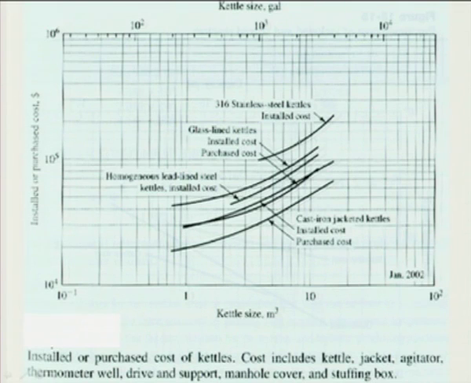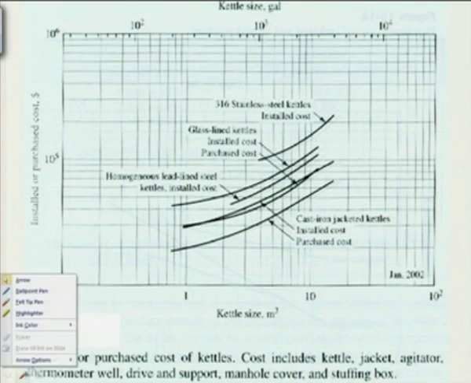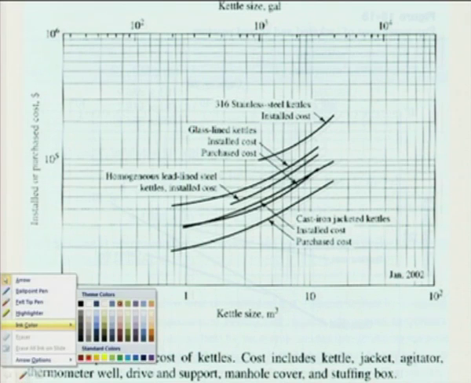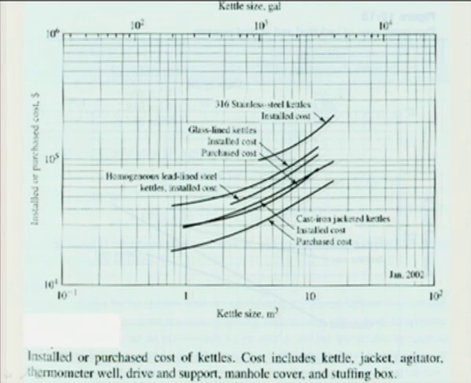And you can see that the cost varies with respect to the material of construction. You can have 316 stainless steel kettles in case the corrosion is high. You can have a glass lined kettle where the corrosion is medium. You can have homogeneous lead lined steel kettles. You can have cast iron jacket where the corrosion is minimum.